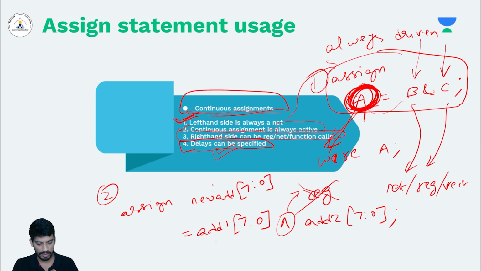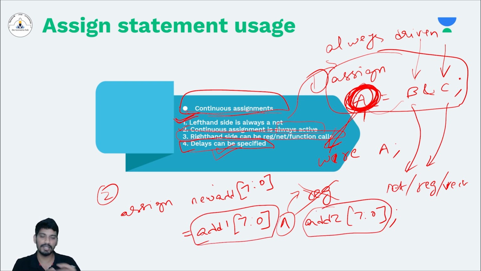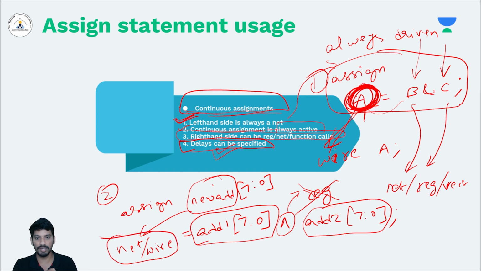So in this case, this address 1 and address 2 can be either register or net, but this new address should definitely be a net. Net means the data type is wire. So this thing should be clear. The left hand side should always be a net or wire, and the right hand side can be either net or register. It depends on your functionality.